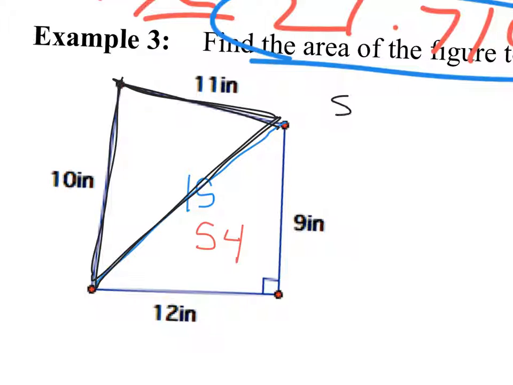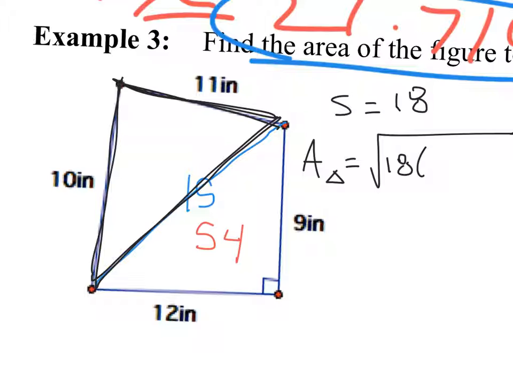So the semi-perimeter of the black triangle is 18. So the area of the black triangle, by Heron's formula, is the square root of 18 times 3 times 8 times 7.